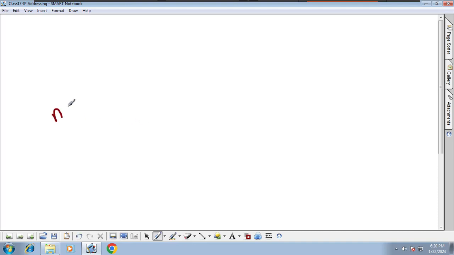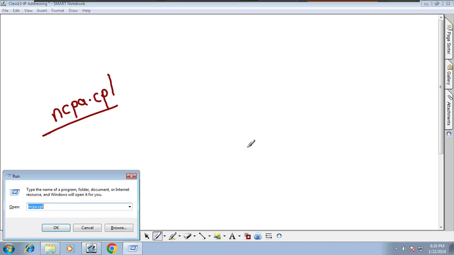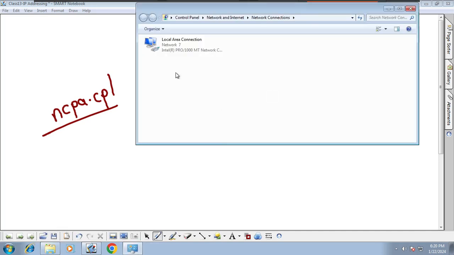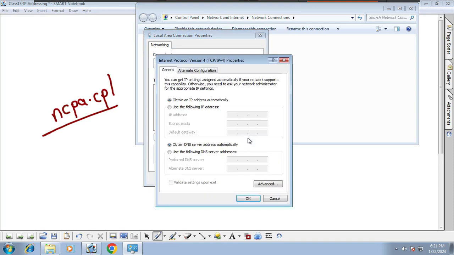You know this command, ncpa.cpl. Let me use this command. I will go to the run prompt and type ncpa.cpl. If I go to properties and click IPv4 properties, you see the IP address is obtained automatically.